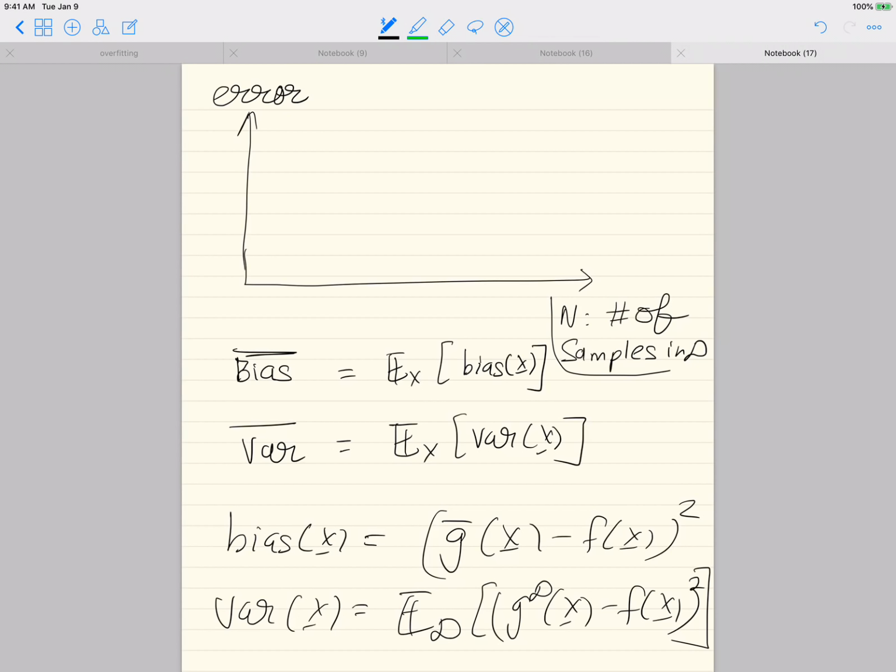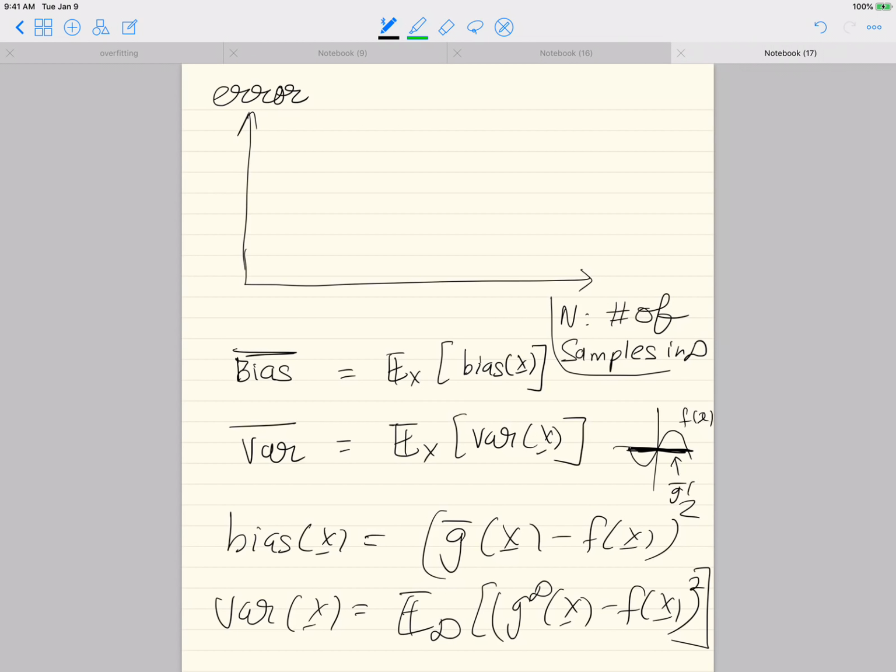The best way to think of bias is that you know the ground truth f of x, and you're choosing the best hypothesis in H that provides the best approximation. Say f of x looks like this, and you are only allowed to draw constant lines.